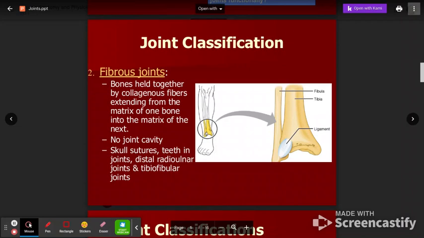Skull sutures, teeth in the sockets, distal radial ulnar, which would be in this region, and tibial fibular down here. So two bones in your lower leg coming together, and that joint where they meet up with your foot is called a fibrous joint.